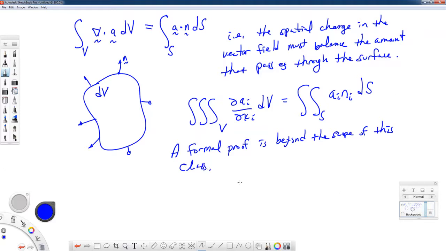It's going to be very convenient as a way to relate volume integrals to some sort of equivalent surface integral and vice versa. If you take a class in maybe advanced calculus, that's probably where you would see perhaps a proof of the divergence theorem.